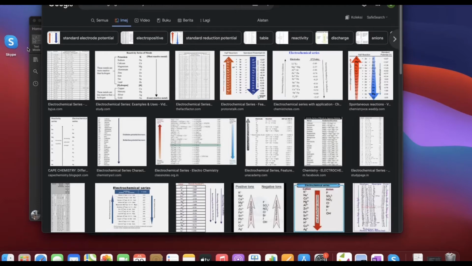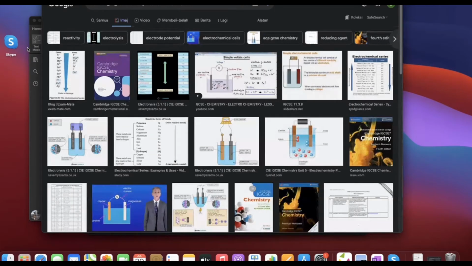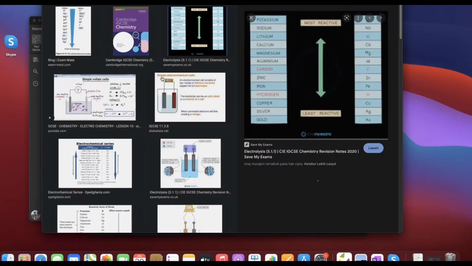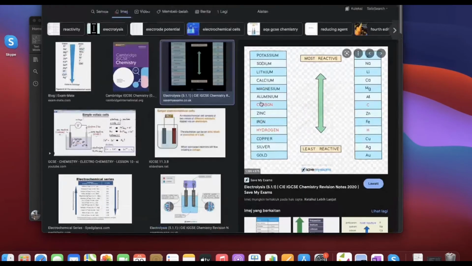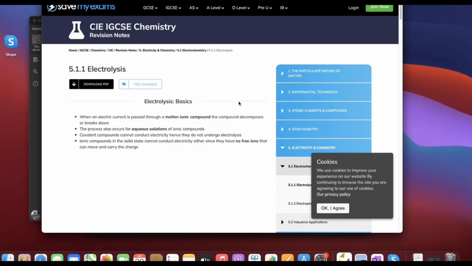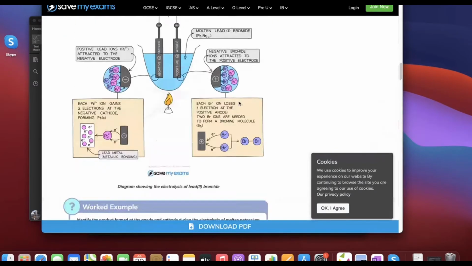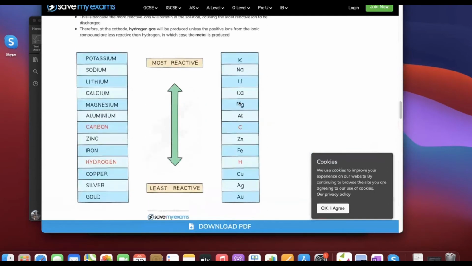Cambridge IGCSE chemistry electrochemical series. CIE IGCSE. Okay, this should be good to use. Okay, this is the one.